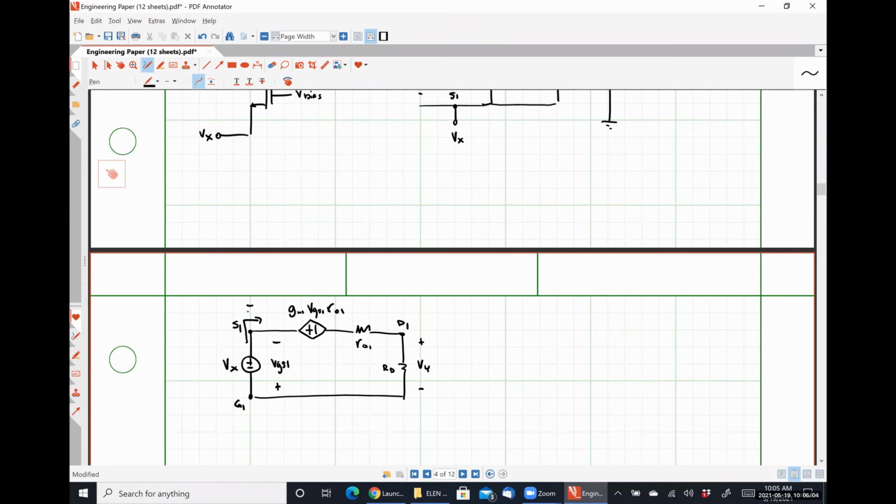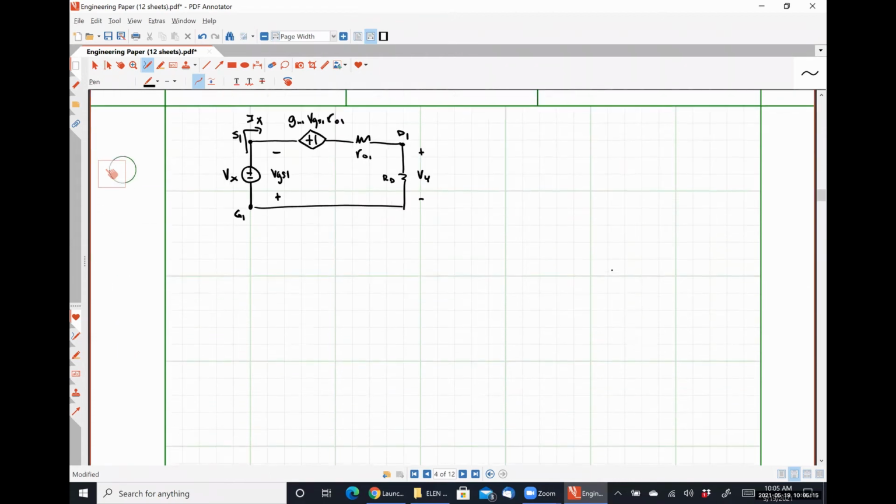I'm going to call this current Ix, the current leaving the voltage source Vx. And so I can see that I'm going to have negative Vx plus gm1 VGS1 r01 plus Ix times r01 plus RD is equal to 0.